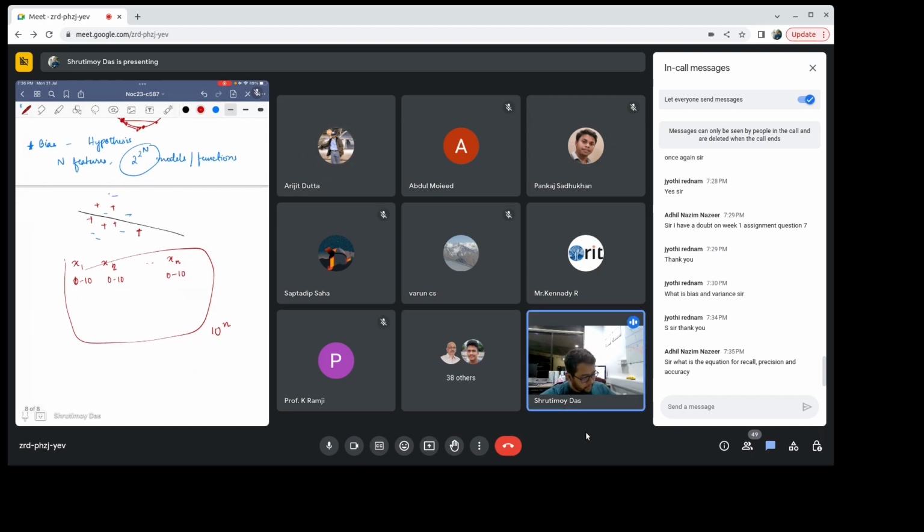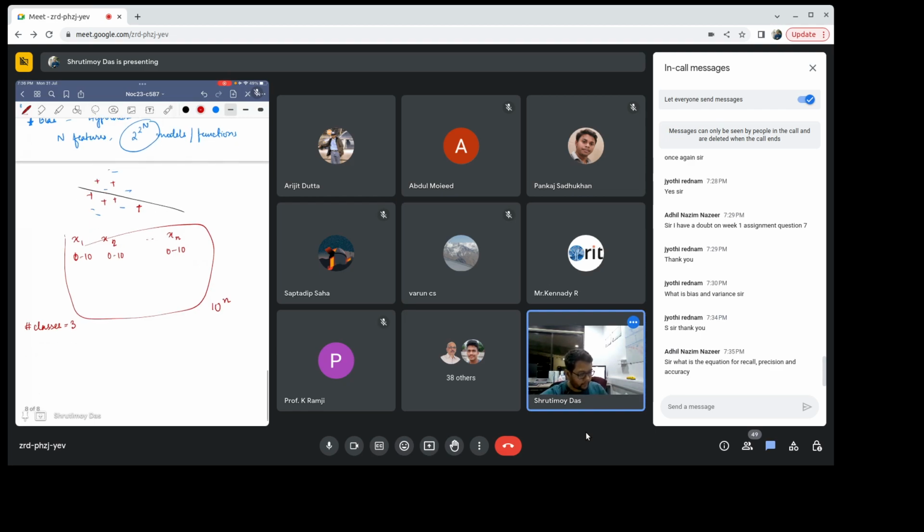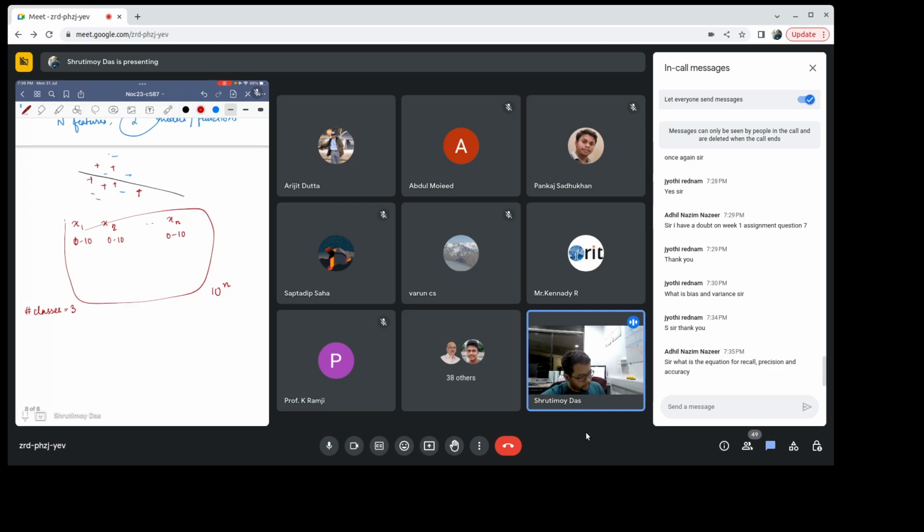And suppose we have the number of classes equal to 3, say cat, dog, or monkey. So how will you differentiate between the three classes? The number of possible functions will be of the order of 3 to the 10 to the n. How will you separate these? Like these could be one class, the rest could be another class, and so on.